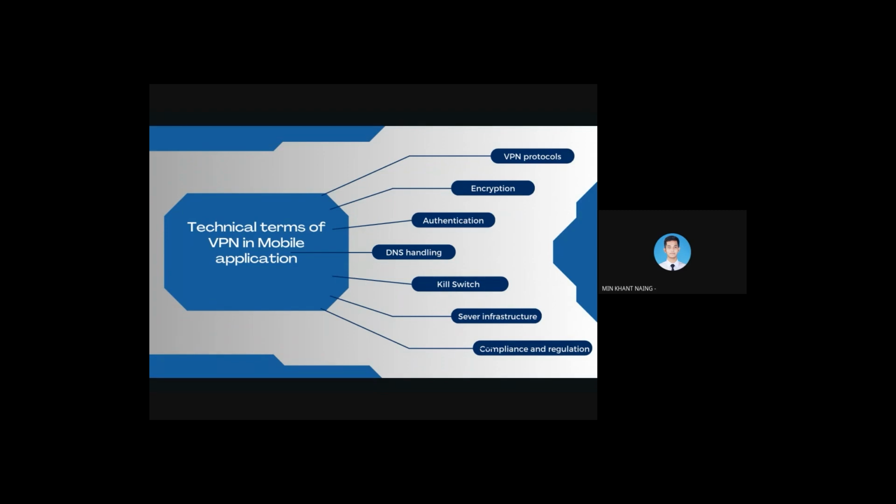Okay, and then the next one is server infrastructure. VPN providers operate a network of servers located in various geographic locations to offer users a choice of endpoints. You can choose many servers in many countries like Germany, England, Thailand, Spain.